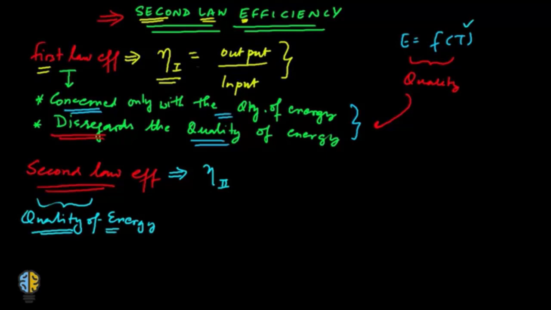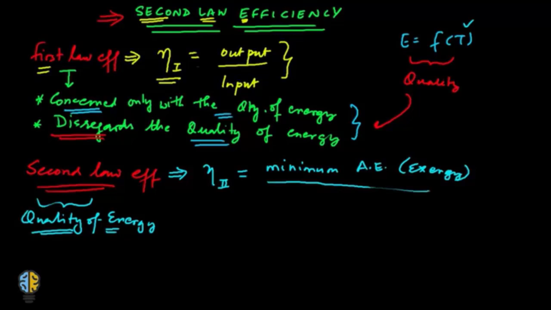Now if we have to define the second law efficiency, we can say that the second law efficiency of a process is defined as the ratio of the minimum available energy, also known as exergy, which must be consumed to do a task, divided by the actual amount of available energy consumed to perform the task.